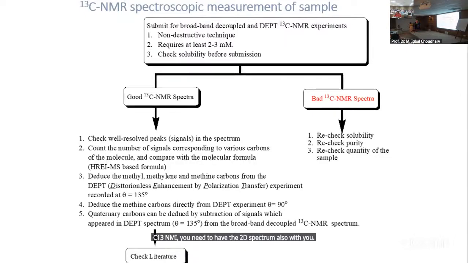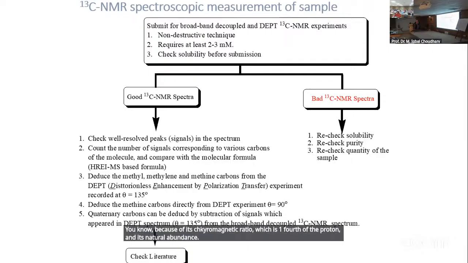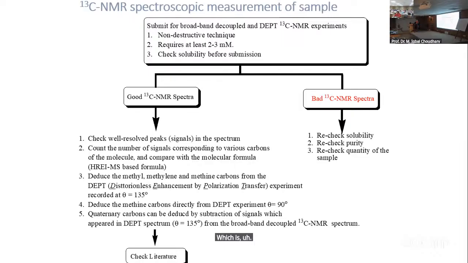Now you have the problematic one, C13, where the C13 nucleus is around 6,000 times less sensitive compared to proton. This is because of its gyromagnetic ratio, which is 1/4 of the proton's, and its natural abundance, which is only 1.1%.